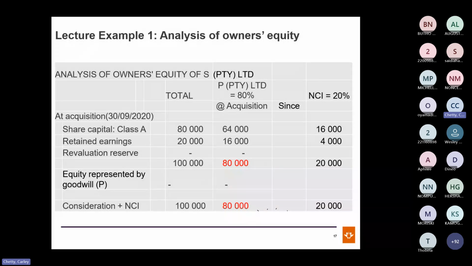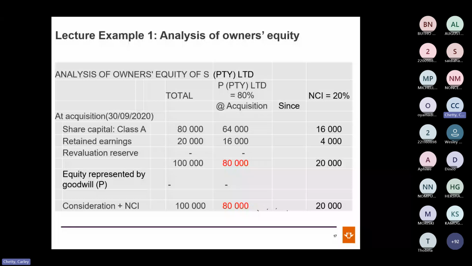But in this scenario, there is no goodwill or gain on bargain purchase because the consideration paid is the same as what we acquired. So remember, goodwill will only arise if the consideration paid is more than the parent's share in equity, and the gain on bargain purchase will arise if we are getting more than what we have paid for. Okay.